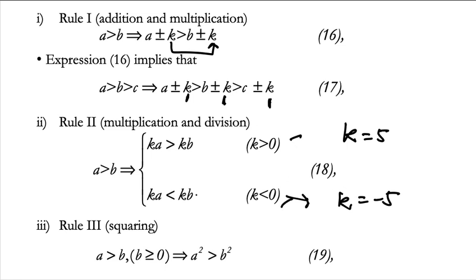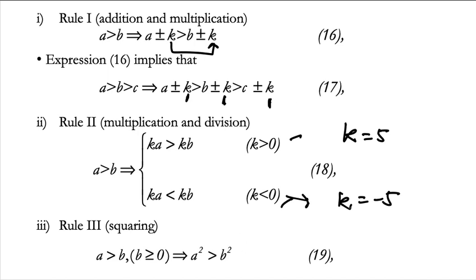All right, now let's move to rule number 3, squaring. If A is greater than B, such that B must be greater than or equal to 0, as long as B is positive or equal to 0, then that means A square must be greater than B square. Is it clear? All right, but this is very easy actually.